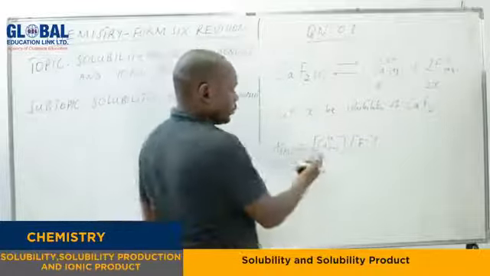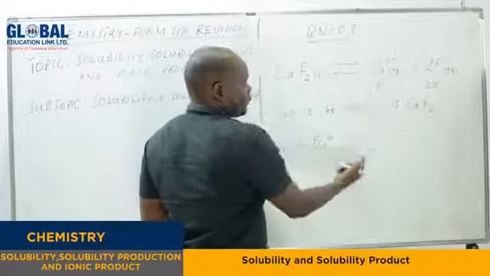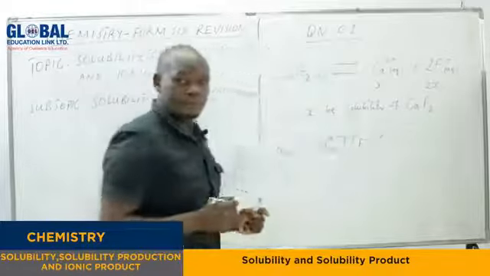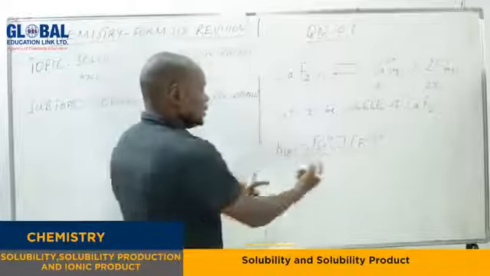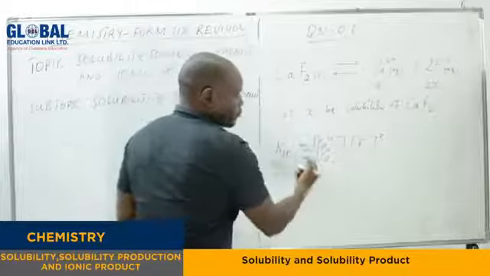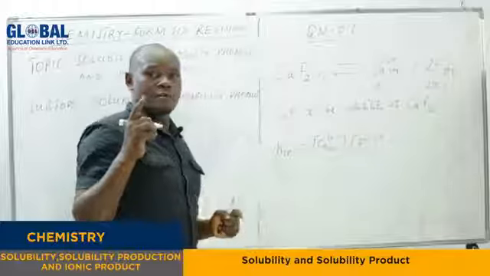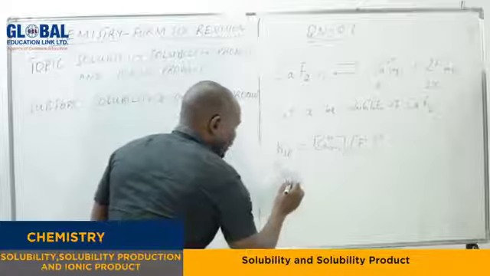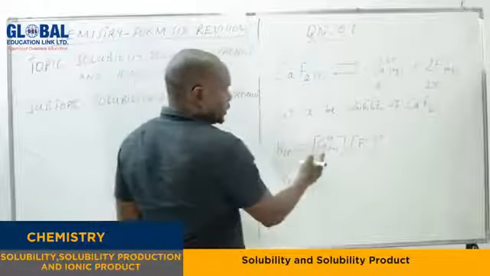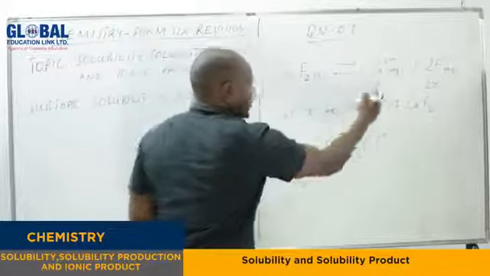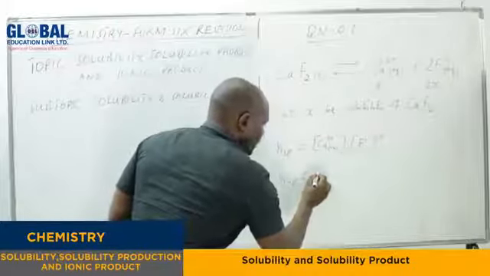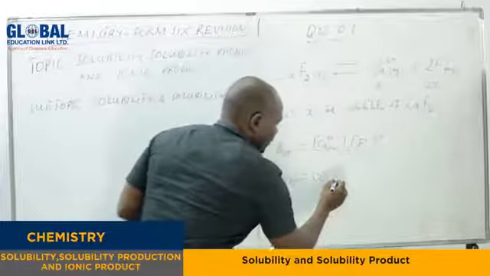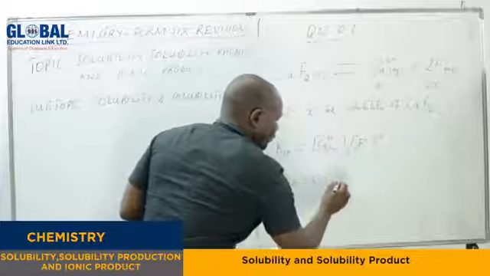The stoichiometric coefficient for calcium ions is 1, but for fluoride ions is 2, so there must be a 2 there. Since the square brackets stand for concentration in moles per decimeter cubed, our Ksp is equal to the concentration of calcium ions, which is X, times the concentration of fluoride ions, which is 2X, squared.